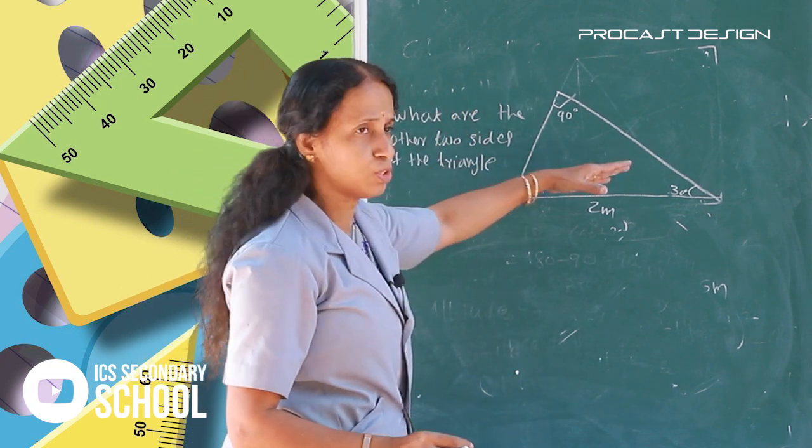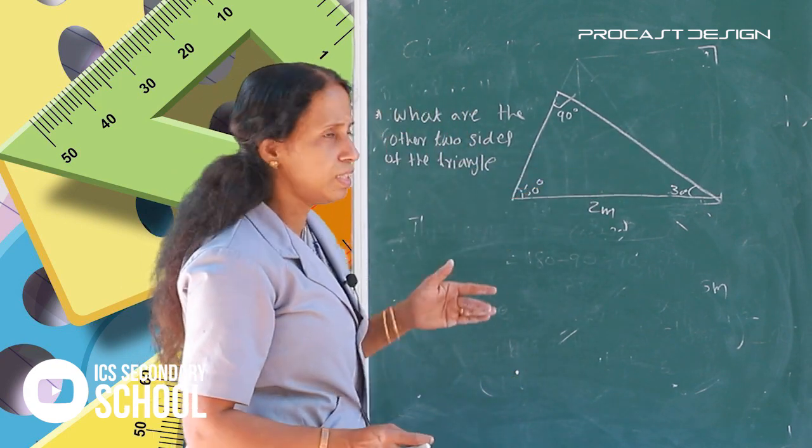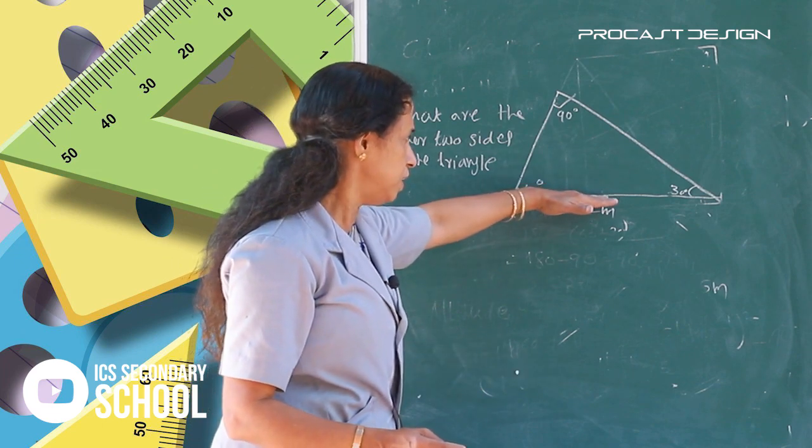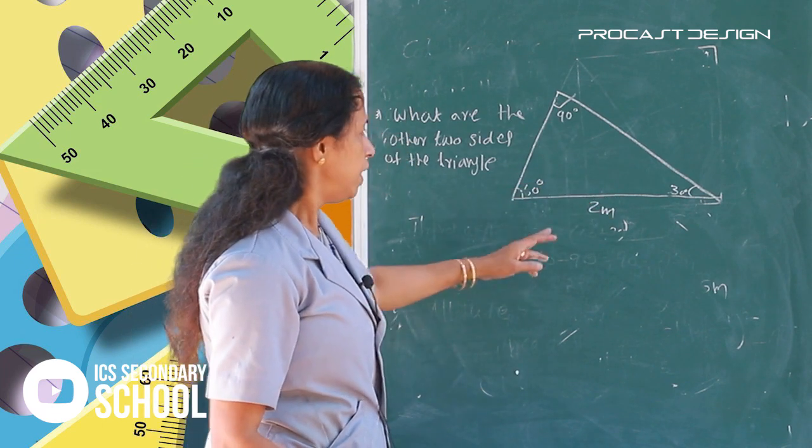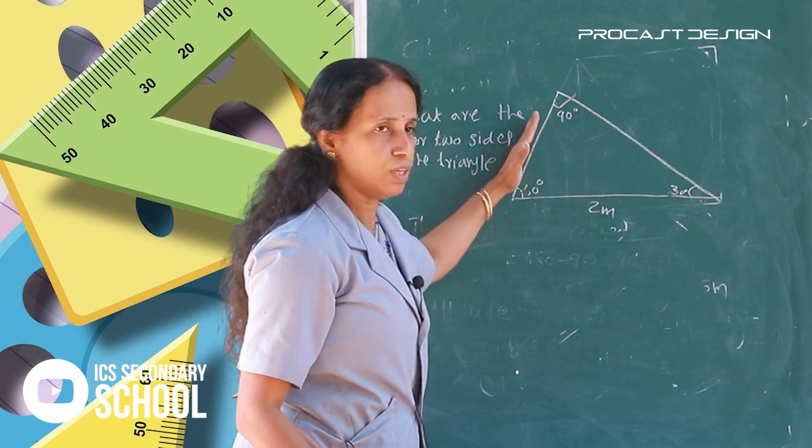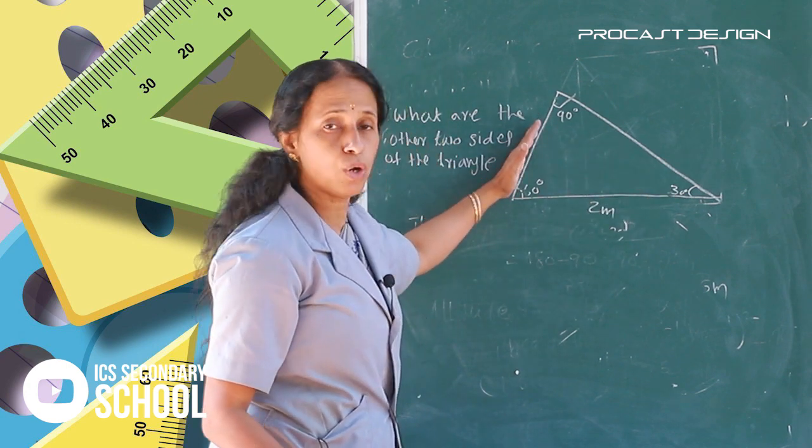What are the lengths of the other two sides of the triangle? Here this side is 2 meter, given. The side opposite the 30 degree angle is the shortest side.